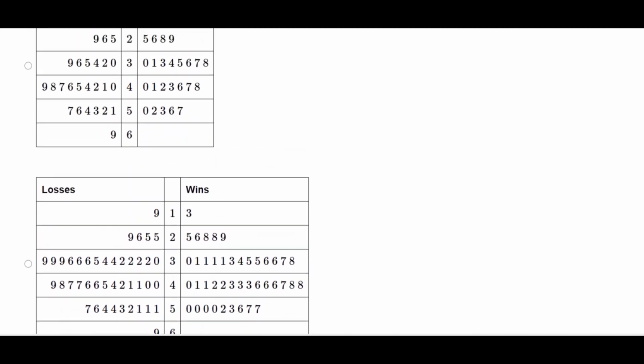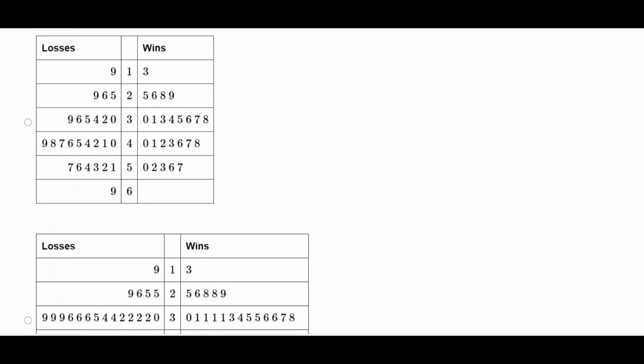Now in the third graph, we see that the information looks correct because all the numbers are written in ascending order. In the wins column, we have to look from left to right for the ascending order, and from the losses column we have to look from right to left, because this is how the leaves are expanding on both sides.